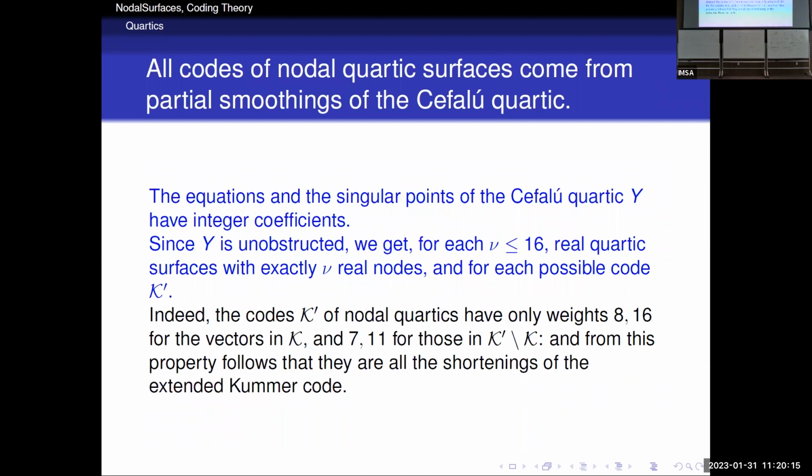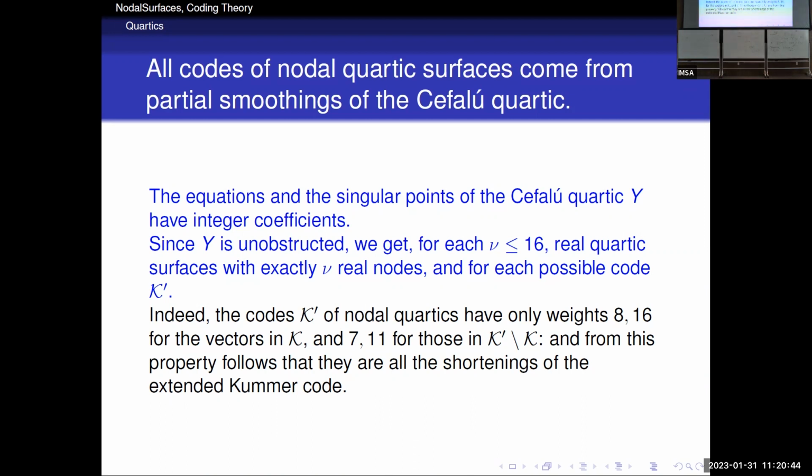And okay, so it turns out that all codes of nodal quartic surfaces come from partial smoothings of the Shafarevich quartic. And whenever you get a smoothing, you get quartics which are defined over the reals, and the nodes are defined over the reals.